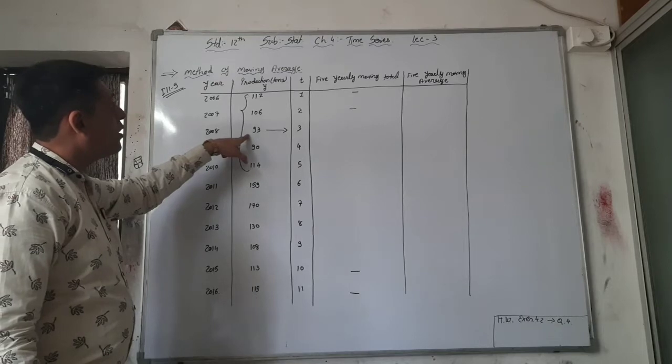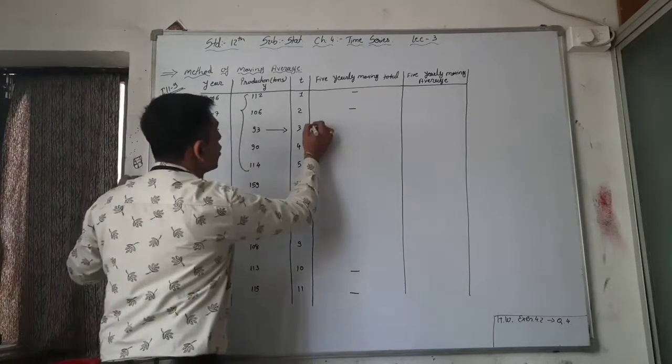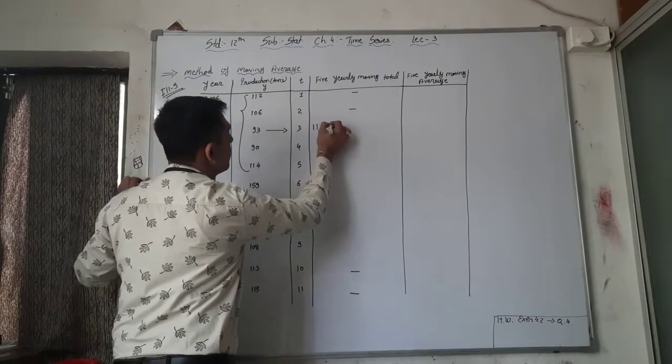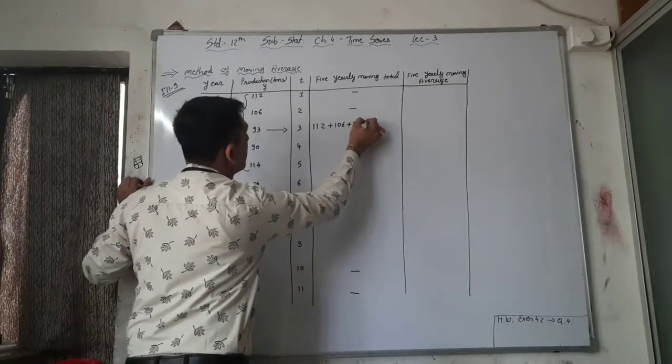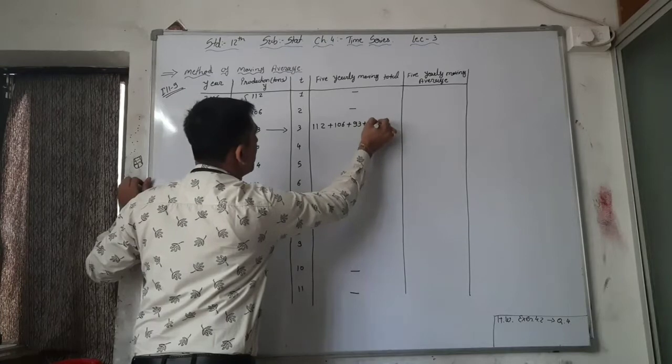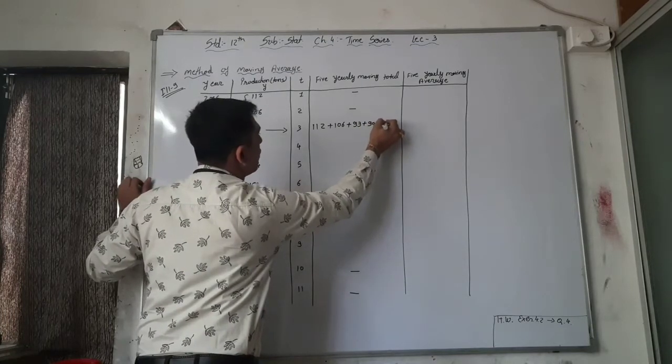that is the 3rd year. See here, the total is 112 plus 106 plus 93 plus 90 plus 114.